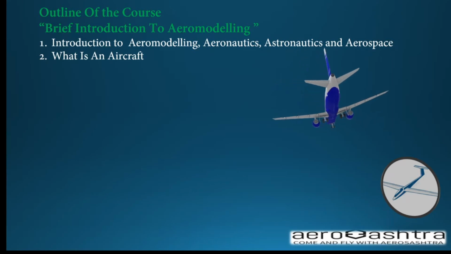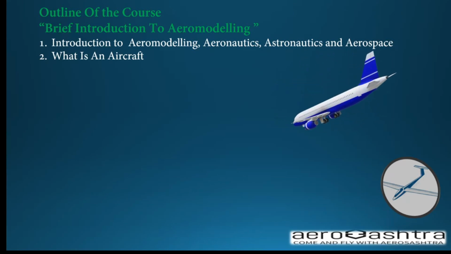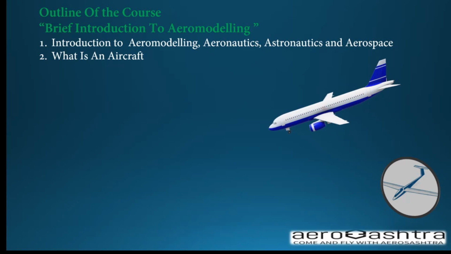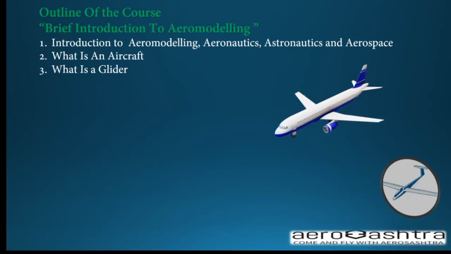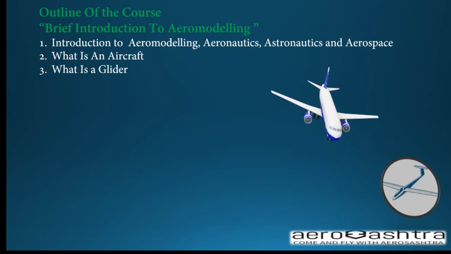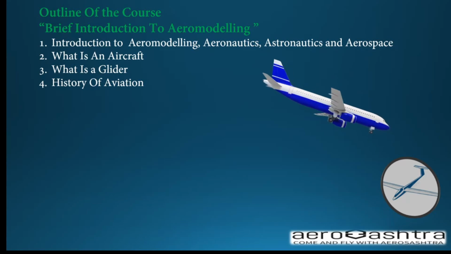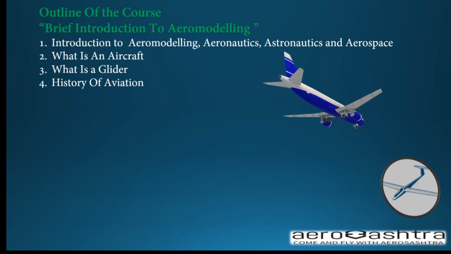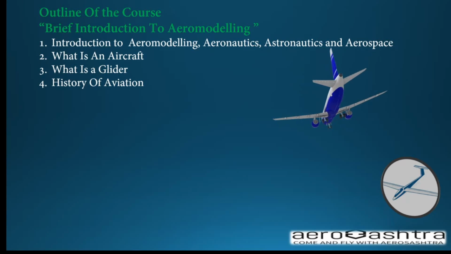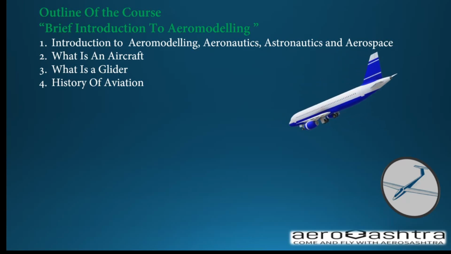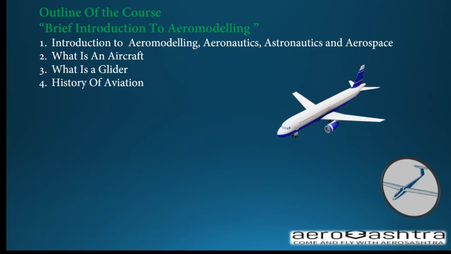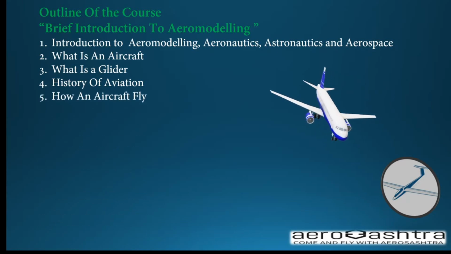Then I will introduce what an aircraft is, and I will introduce the glider, and tell you the basic difference between an aircraft and a glider. Then we will see how aviation has evolved with time, and what changes have been made till now.